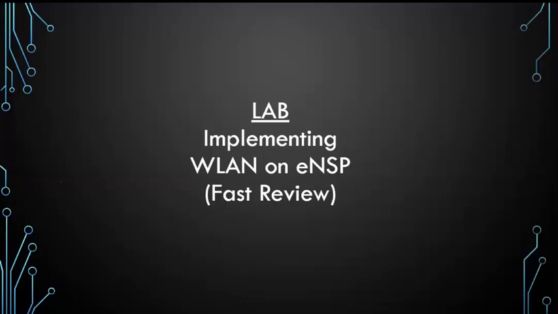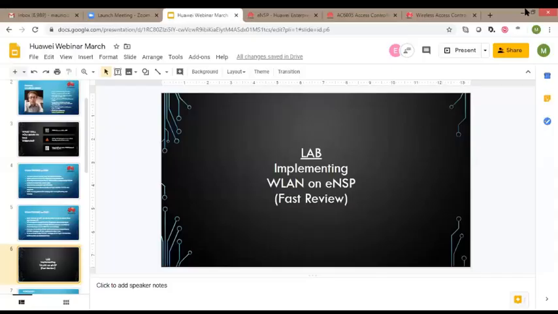When you have clarified and defined the things you want to do, you could start working with eNSP. So here we have a topology. Excuse me, let me change the screen here.